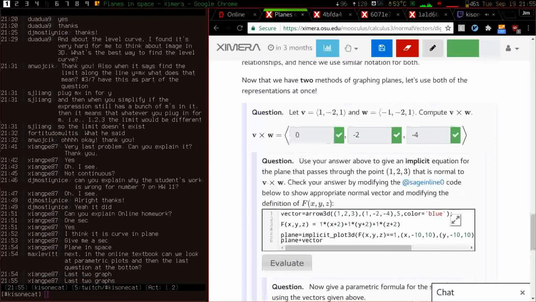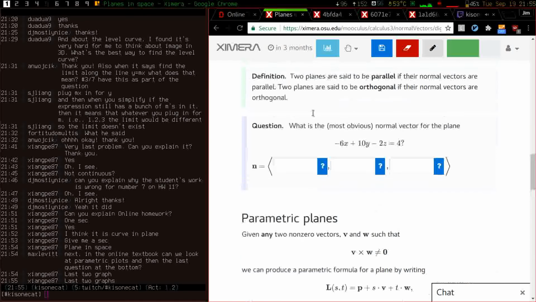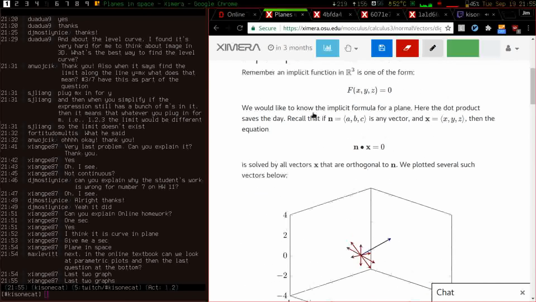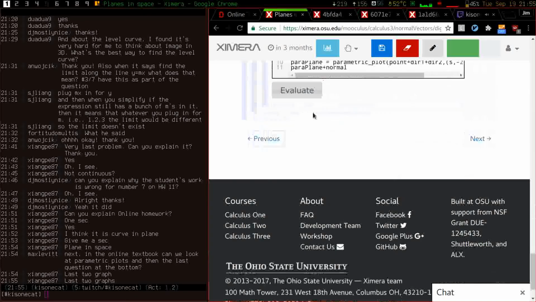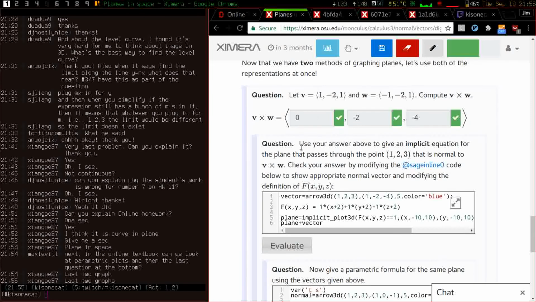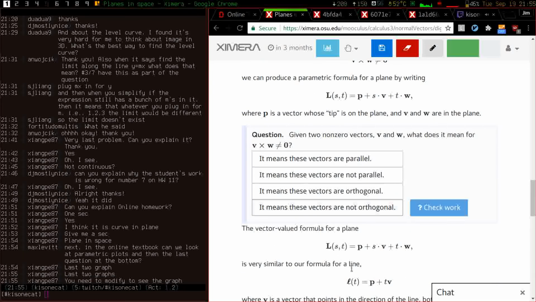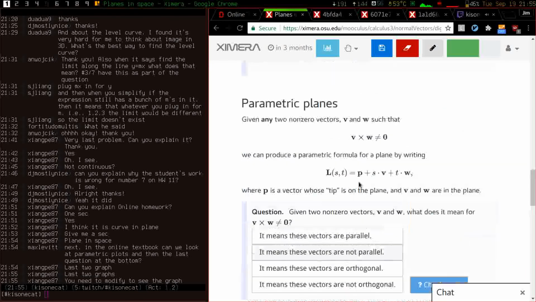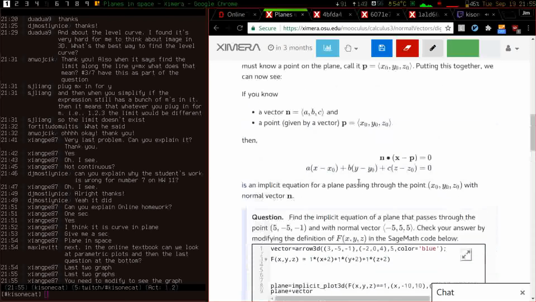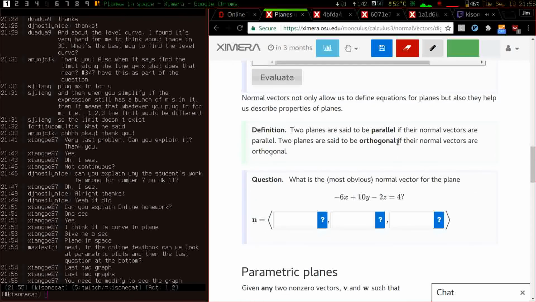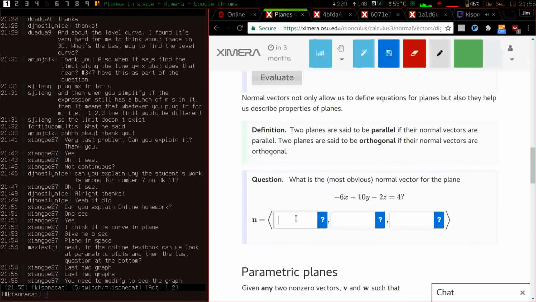That's two graphs. I think I have to click on these things to make the graphs appear. Where do the graphs appear? Do they appear here?